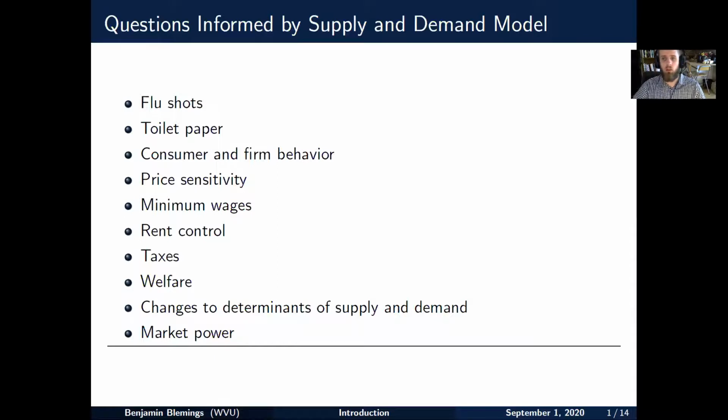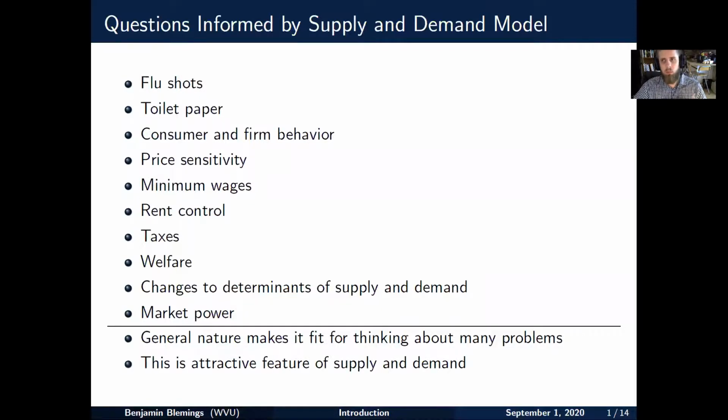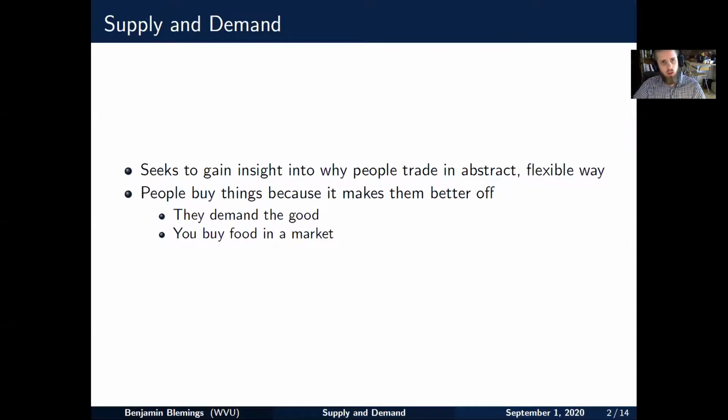Changes in any of the things that determine supply or demand can be thought about in this framework, and then also market power, which we'll briefly discuss at the end of the class. This general nature with which you can use supply and demand makes it attractive to know this general framework and apply it to a lot of different problems as a workhorse.